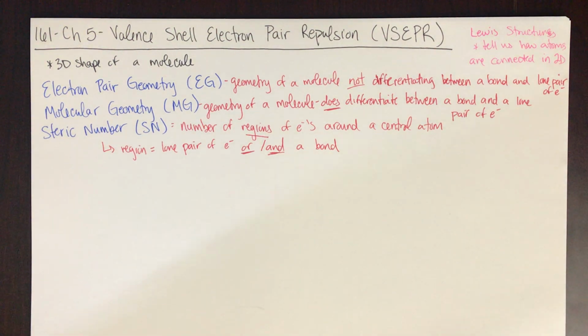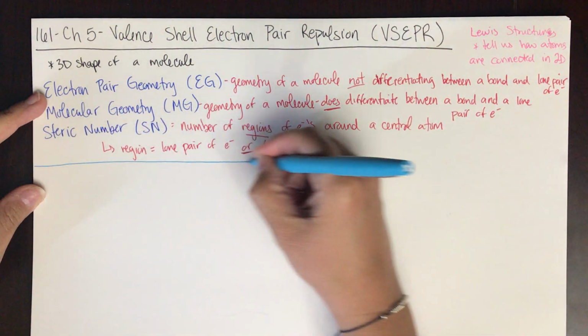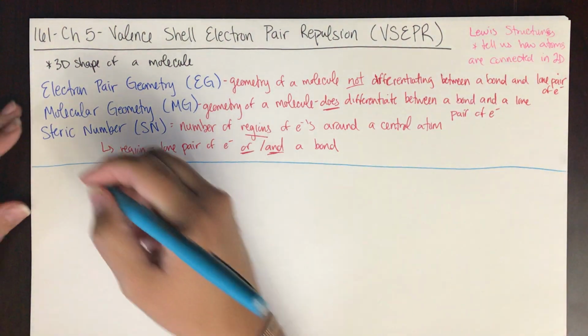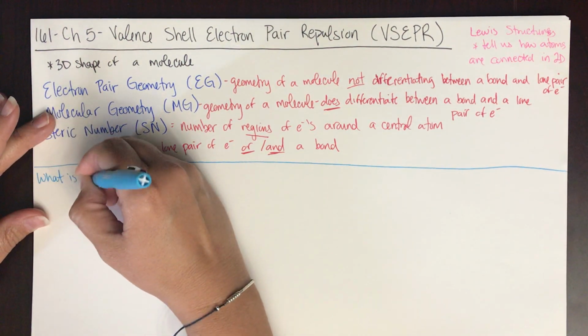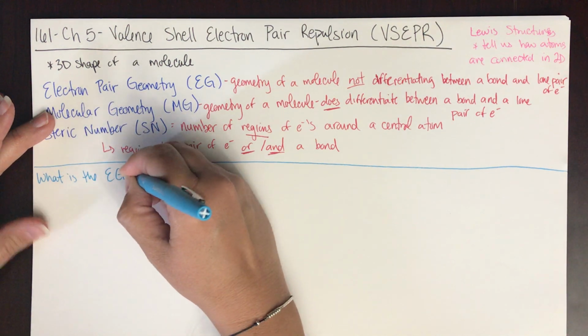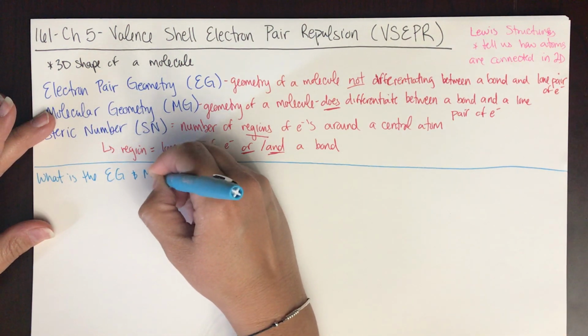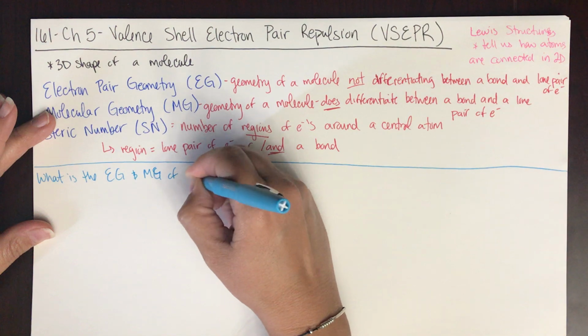So let's just start with water, for example. This is one that we've done a few times before, looking at the Lewis structure of water. So a question might be, what is the electron pair geometry and molecular geometry of water?